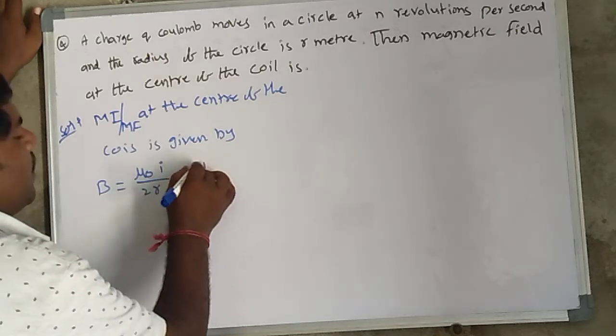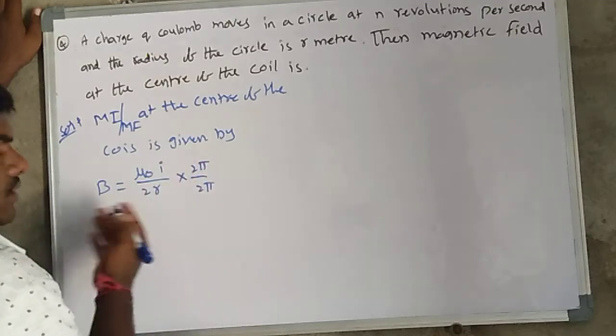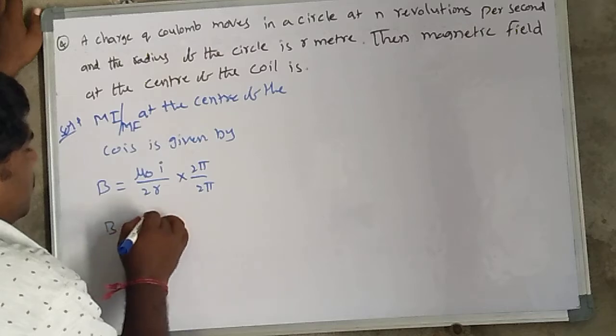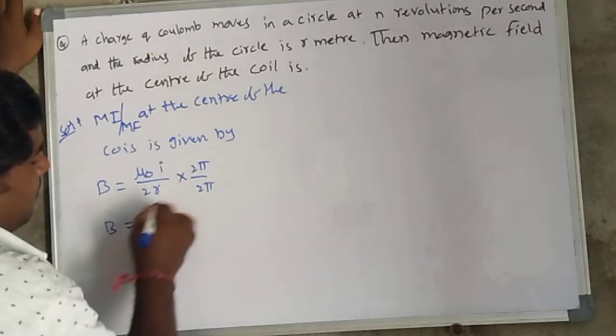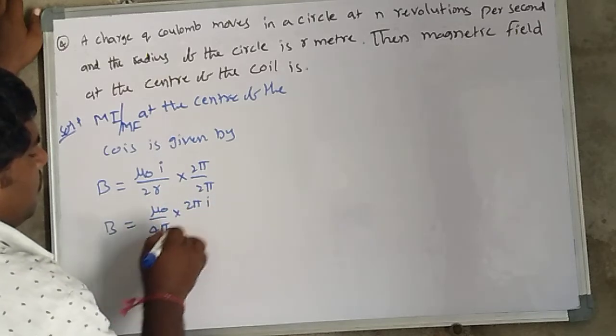Multiply and divide by 2 pi, so the answer does not change: mu naught by 4 pi into 2 pi I by r.